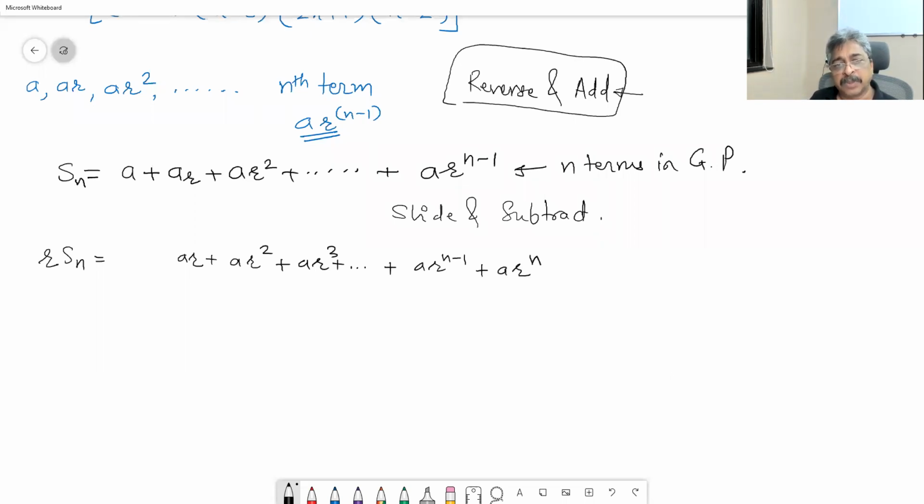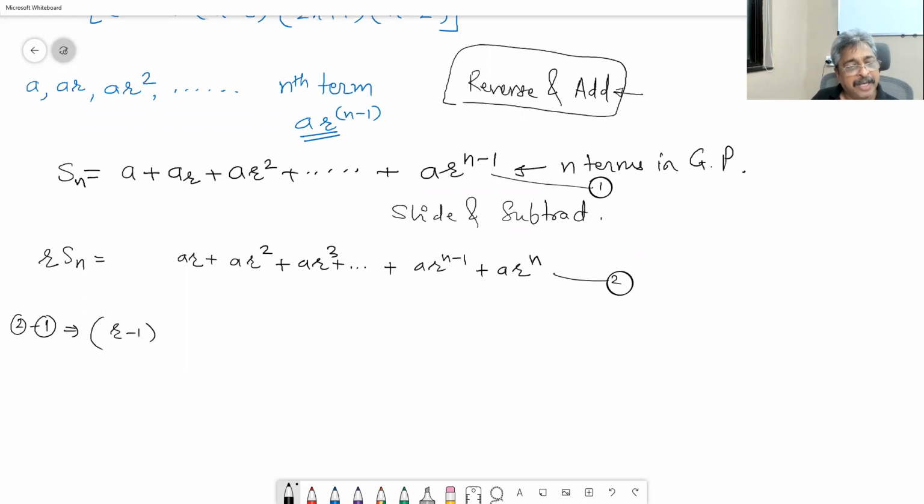The second last term is ar raised to n minus 2; after getting multiplied by r, it will become ar raised to n minus 1. In the last term, after multiplying by r, we get ar raised to n, and then subtracting, we get the LHS.